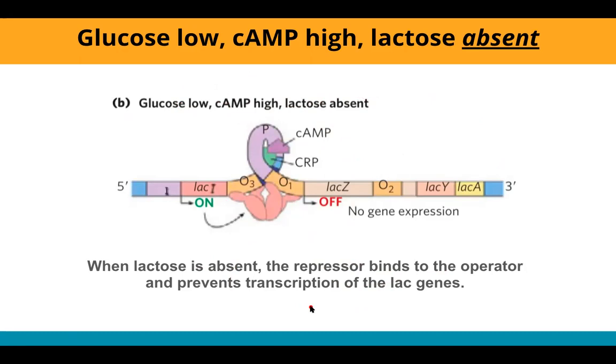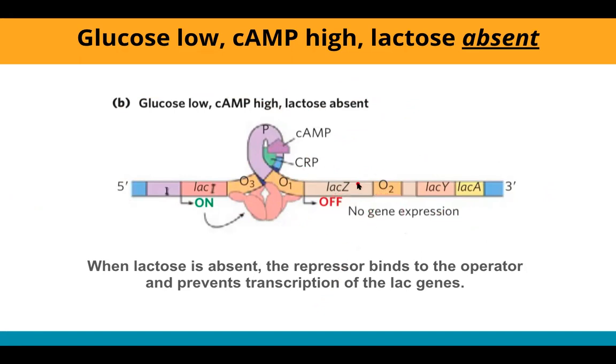Even if you have no glucose and at the same time you don't have lactose, the lac operon will remain off. You need to have lactose for the lac operon to be expressed. And why is that? Because the system wants to ensure that if it expresses that protein, that enzyme, that protein will be utilized by the cell, right?